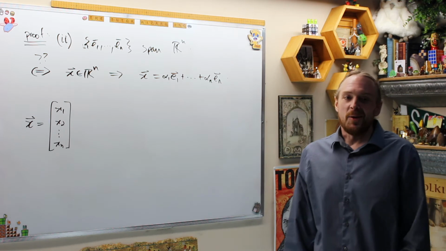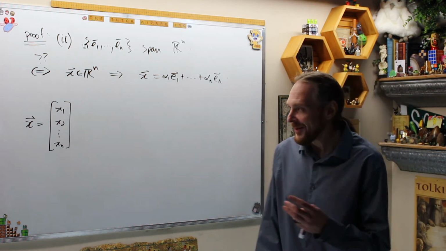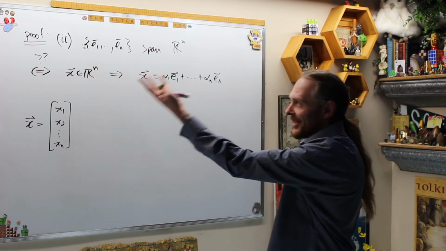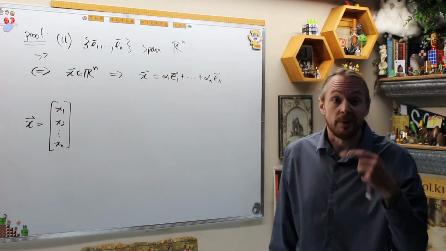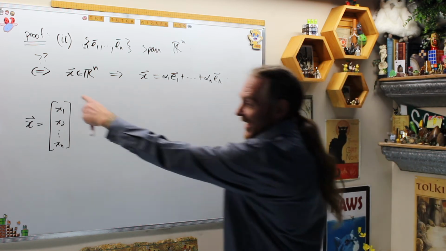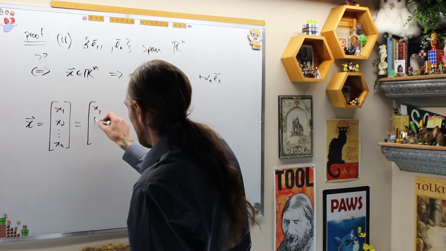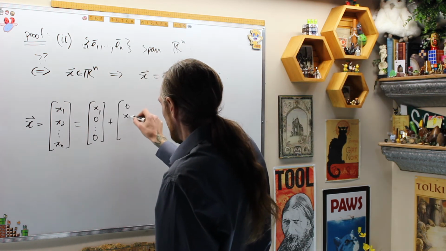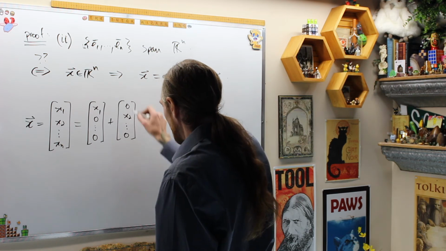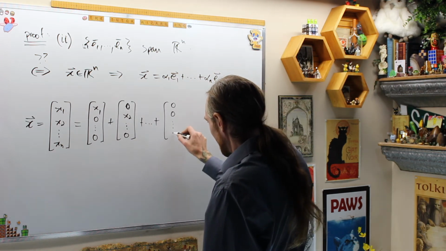And now I'm just going to open up, and this is my favorite dirty trick. This is why it's called the standard basis, because it's so easy to describe every vector as a combination of these e guys. I'm going to use scalar multiplication and addition in reverse. This is actually equal to, see where I'm going with it already now.